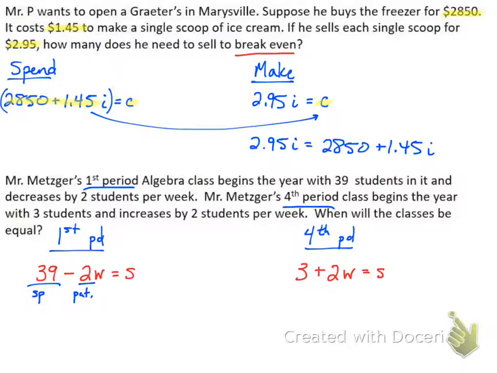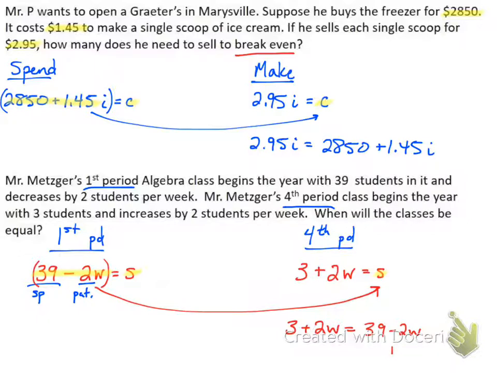And so when I do this, again, they're both equal to S, and so I can take this left-hand side, and I can plug it in for S of the other equation. So I get 3 plus 2W is equal to 39 minus 2W.